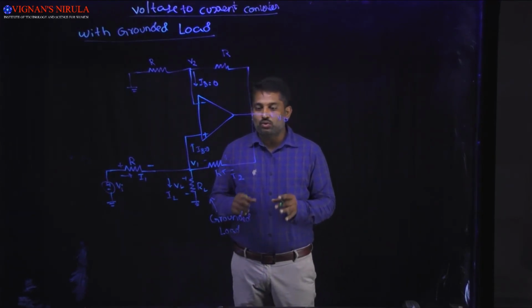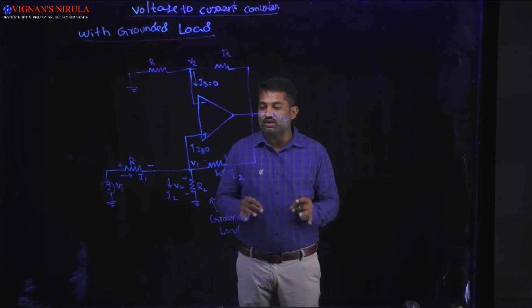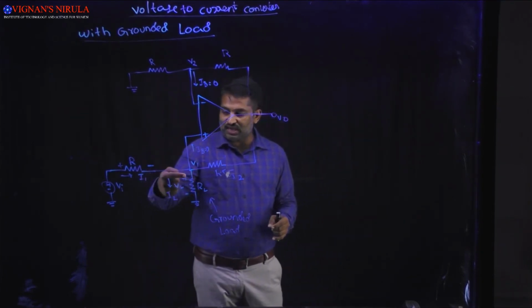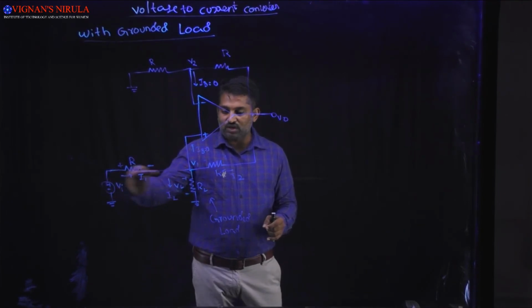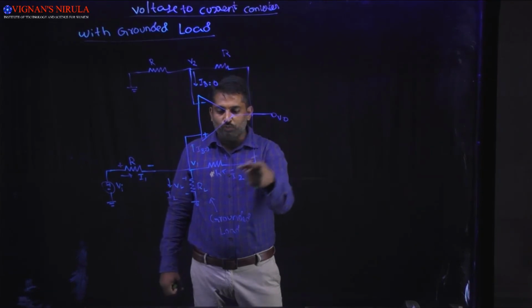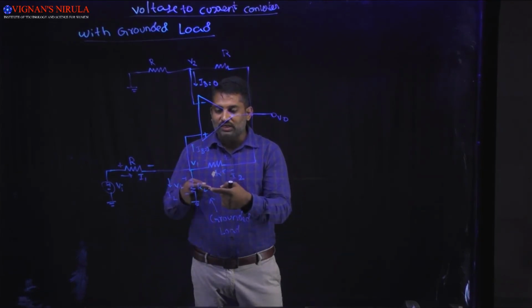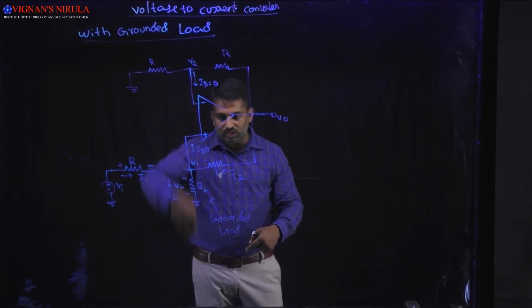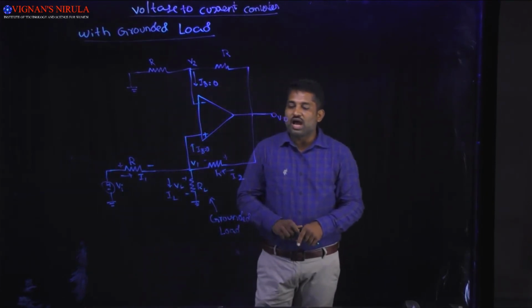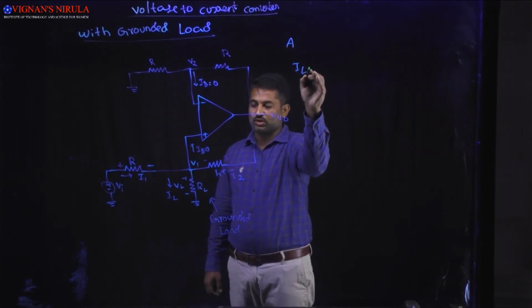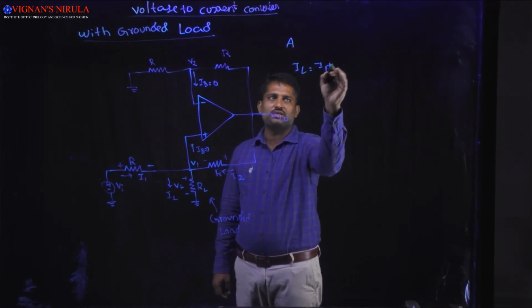Apply KCL at node V1. If you apply the KCL, the current I1 is entering from the input side, and the current I2 is entering from the output side. Both are connected at node V1, and the current leaving through the load is IL. So I am considering IL will be equal to I1 plus I2.